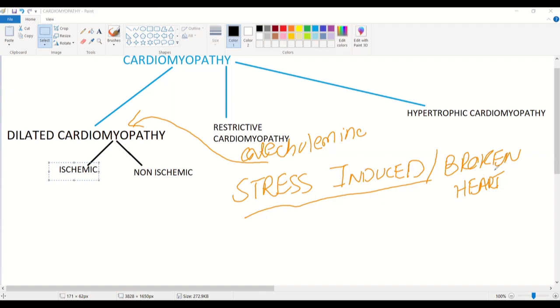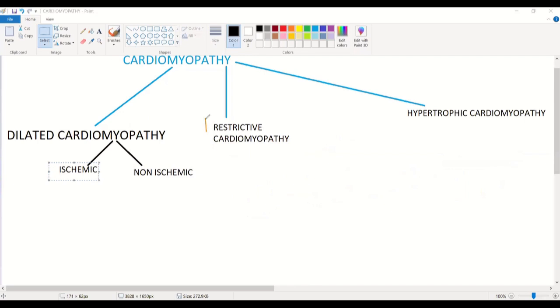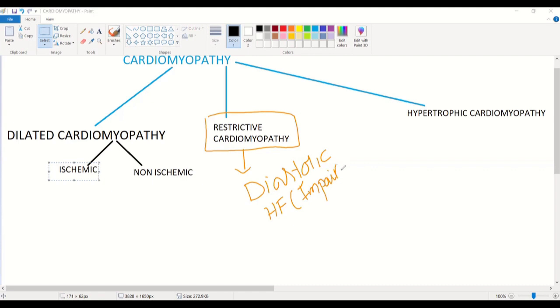Restrictive cardiomyopathy leads to which kind of heart failure? Diastolic heart failure. Diastolic heart failure means impaired relaxation or impaired ventricular filling.